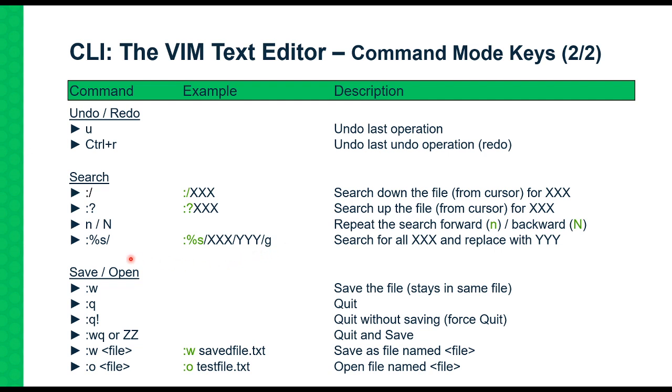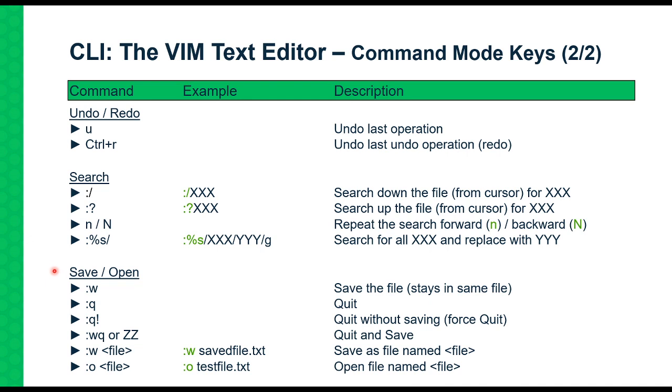Then a very important part of our navigation within Vim is the save and open functionalities. Very, very important. And here you need to pay close attention. I really hope that everybody is still making notes of all the commands that we are running through today.